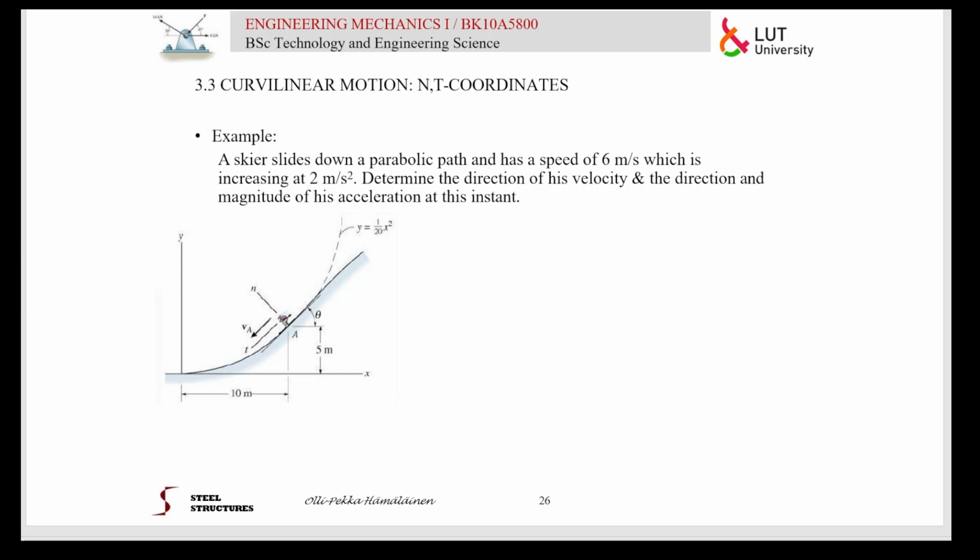So they're telling me that the skier is at that moment moving along a path, and that path has certain characteristics, written here. So the path the skier is following is this one here. It's a parabolic path because of this x squared, the typical representation of a parabola. Then it says at this point it has a speed of 6 meters per second, and that speed is increasing at 2 meters per square second.